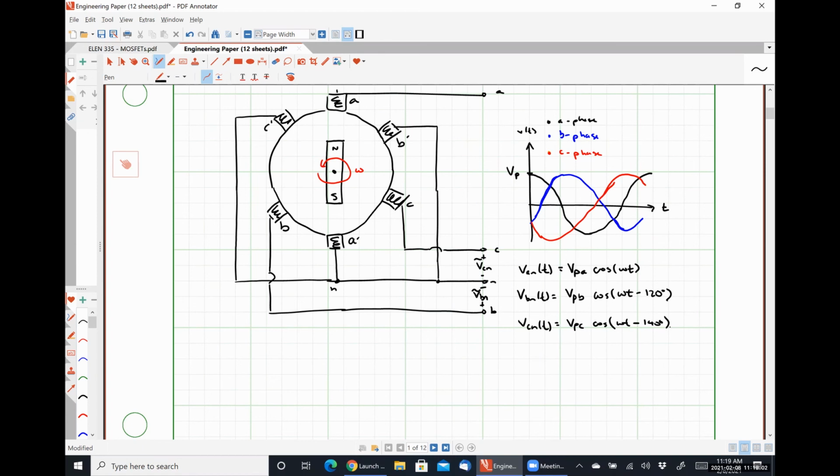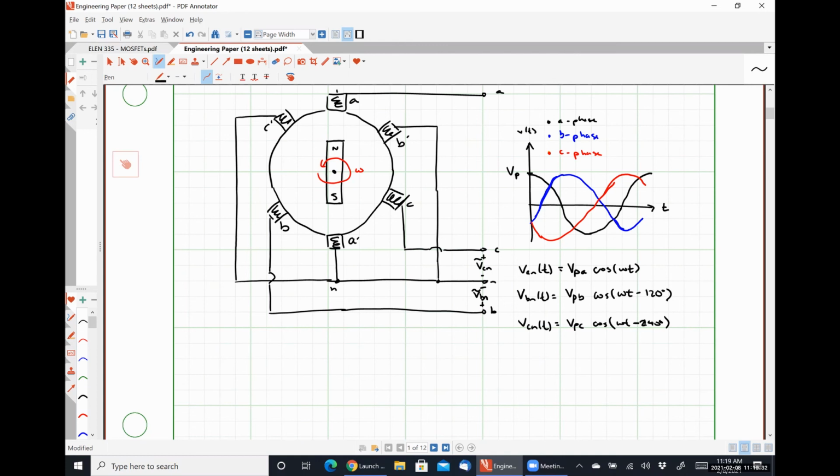Yes, sir. Yes, 240, thank you. Sorry, that's my fault. Thank you very much, yes. 240 degrees. If the number of turns in each coil is identical, then VPA, the magnitude of the A phase, VPB, the magnitude of the B phase, and VPC, the magnitude of the C phase, are all identical, and we would have only a single voltage generated.